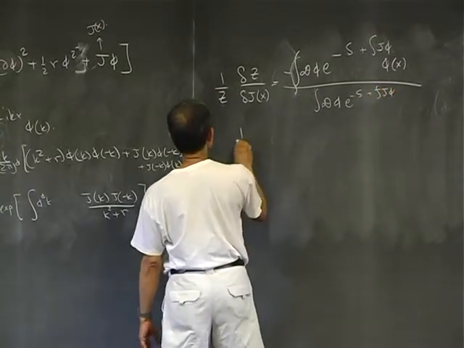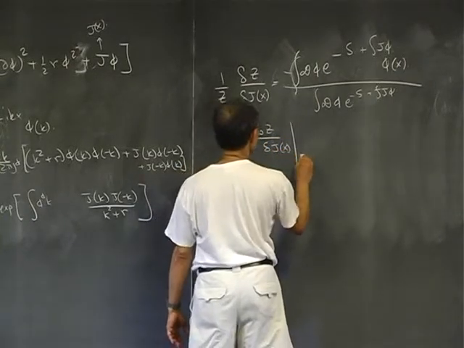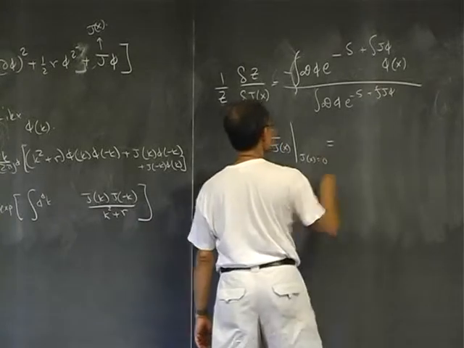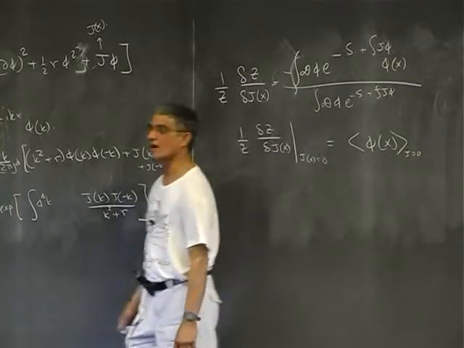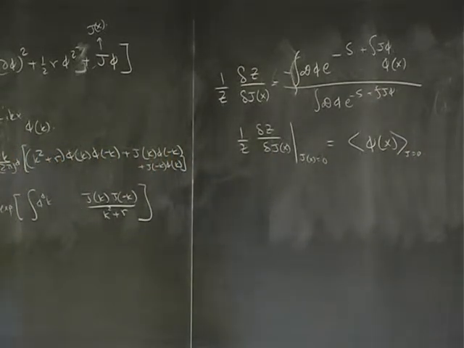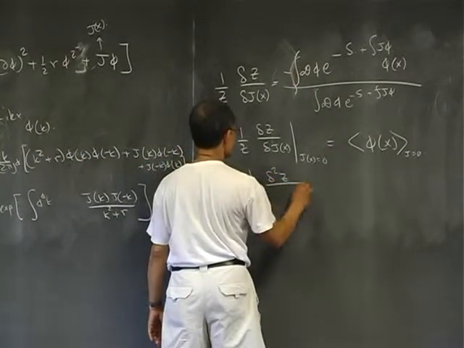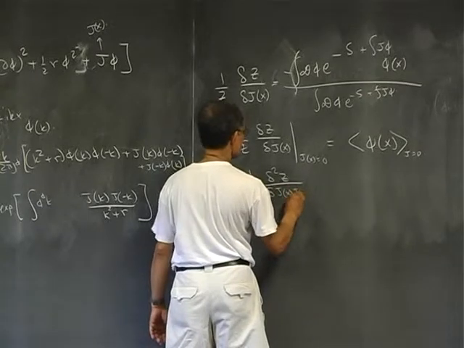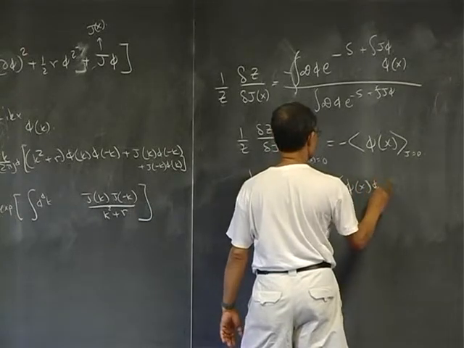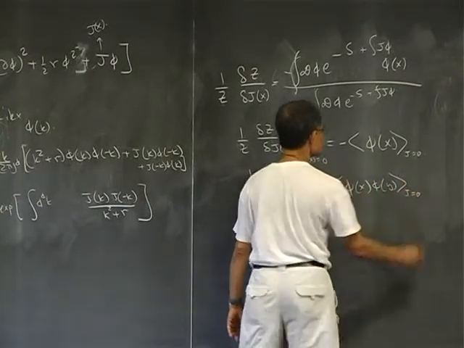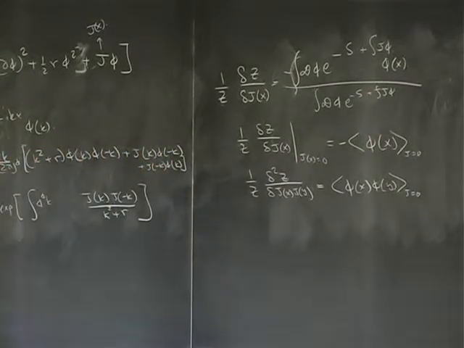So therefore, if I evaluate this at all j of x equal to 0, I get the average value of phi of x in the original theory with j equal to 0. Similarly, if I take the second derivative, I get with a minus sign the two-point function at j equal to 0, and so on and so forth. Once you know this, you know how to calculate all the n-point functions in the theory.